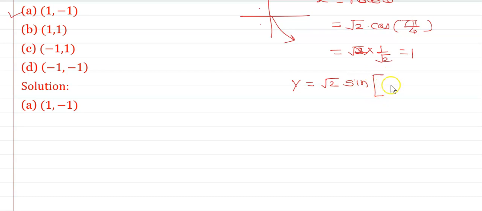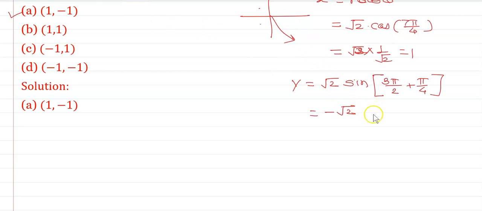7 pi by 4 means what? 3 pi by 2 plus pi by 4. It goes in the fourth quadrant. In the fourth quadrant, the sign value is negative. Therefore, here minus root 2 and sine of 3 pi by 2 plus pi by 4 will become cos of pi by 4.